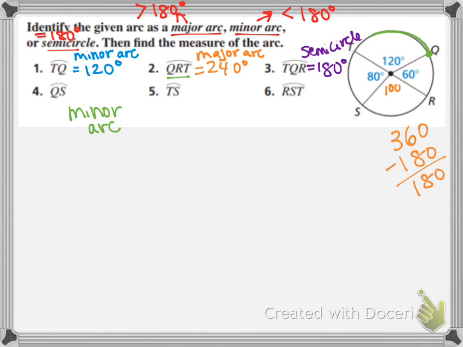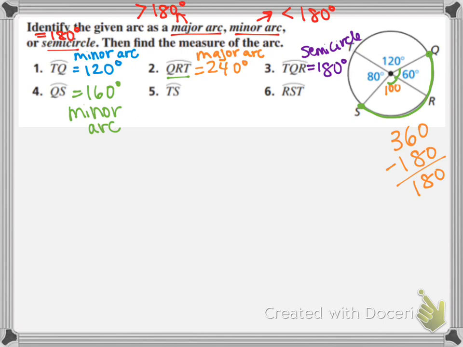If I went up and around, 120 and 80 would make 200 degrees, so this would be a major arc and not a minor. So it would have to go this direction, Q to S. You want to go the shortest distance possible. So you get 100 degrees and 60 degrees, which makes 160, which is less than 180. So it is minor.